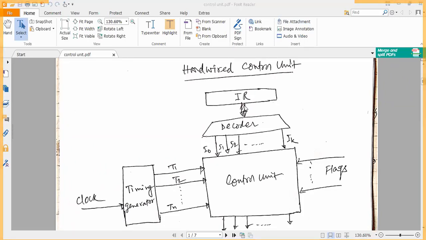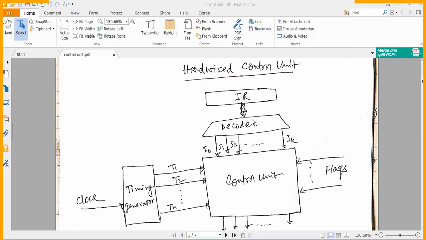The instruction register sends it to the decoder for decoding, because you have to decode what the operations and instructions are. That's why you are sending this to the decoder.